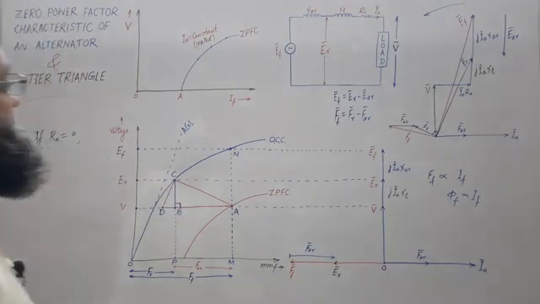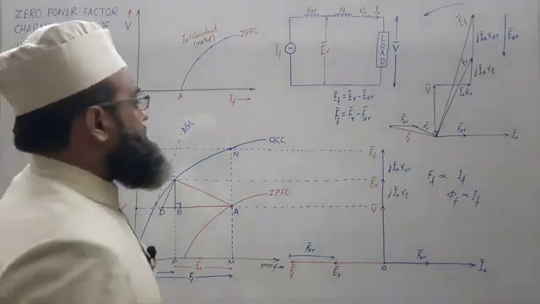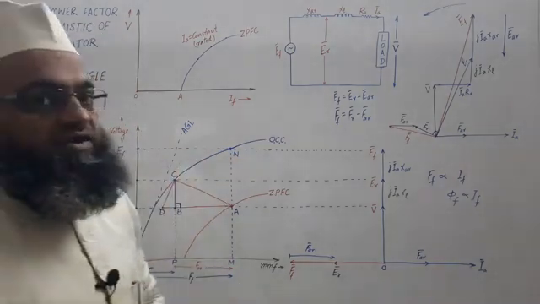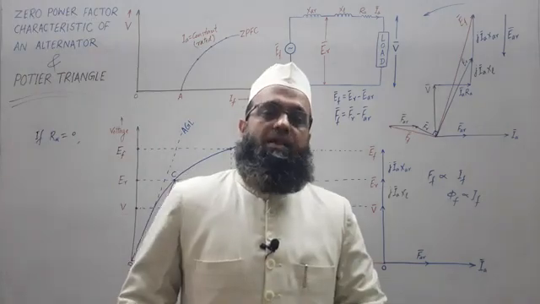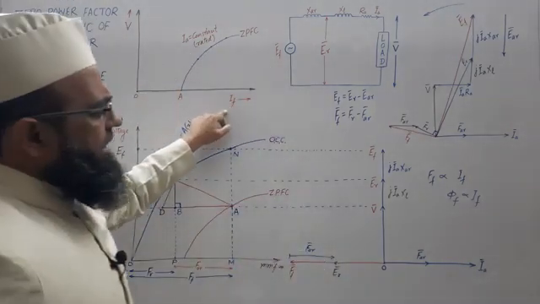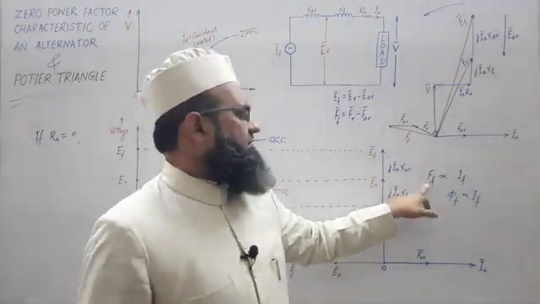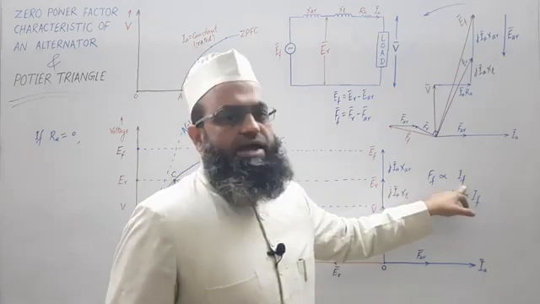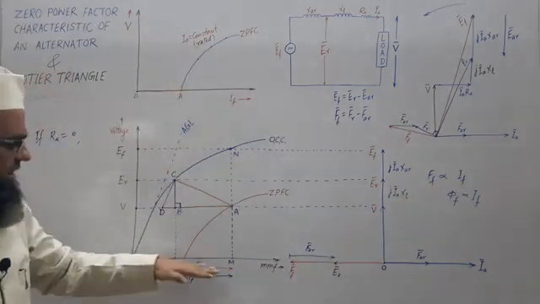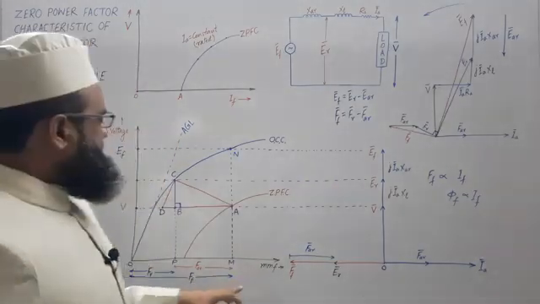Now, if we further assume that this open circuit characteristic, we are aware that the open circuit characteristic is a plot between terminal voltage and field current, and field current and field MMF are both proportional, right? FF is proportional to IF. So instead of taking IF on the horizontal axis, if we take MMF, no problem.